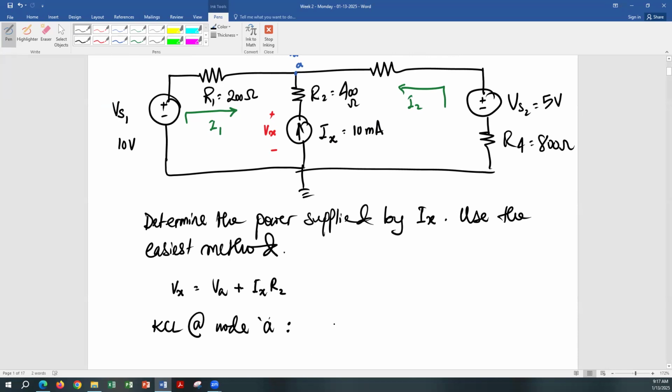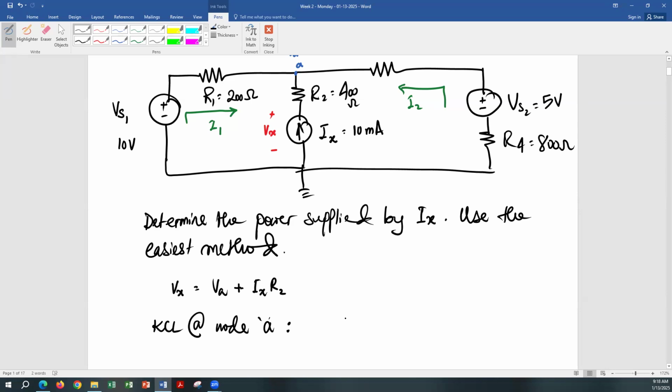All right, what will be the KCL equation for node A? Give me the equation in terms of variables. KCL does not have voltage.